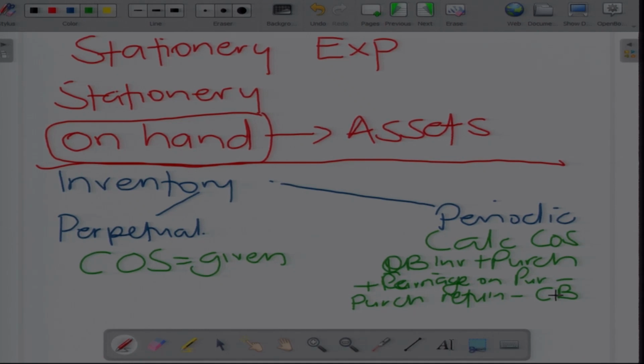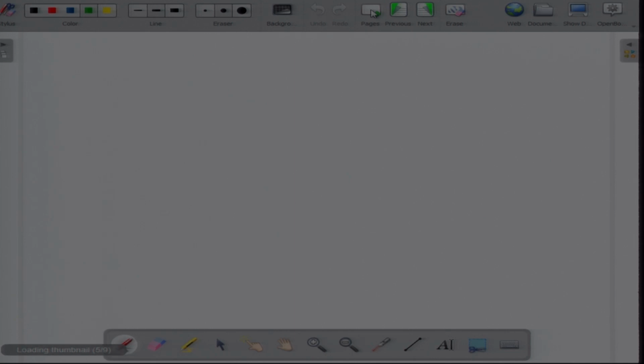And then we have one thing that I told you that you need to remember. When I spoke about it, I said I was talking about the retained earnings and profit.